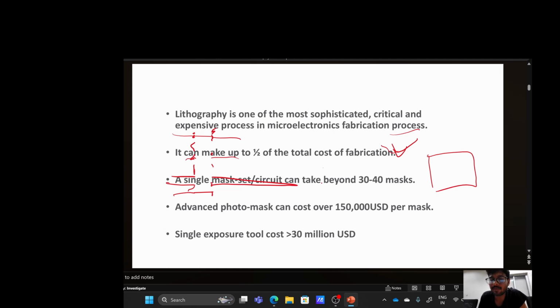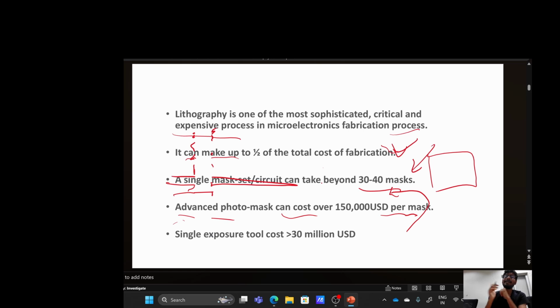So a single circuit can take up to 30-40 masks, and the mask itself costs very high. An advanced photomask is about 1.5 lakh USD, a single mask. And just assume that you need 30 to 40 masks for a single mobile phone.